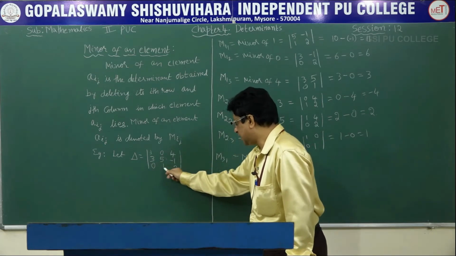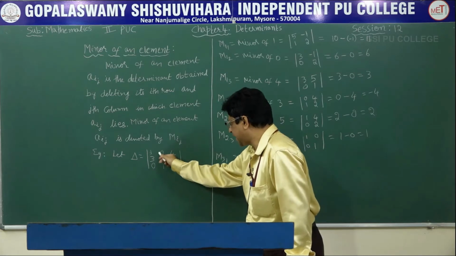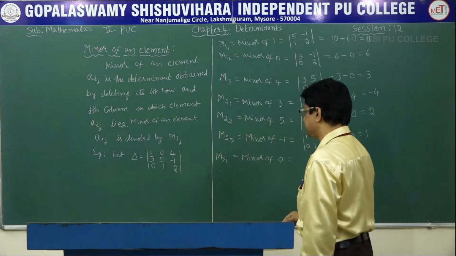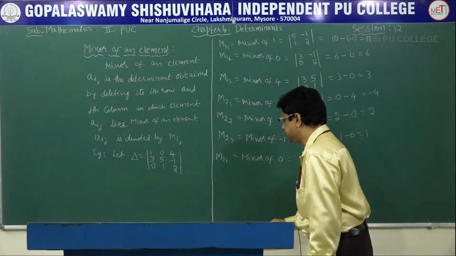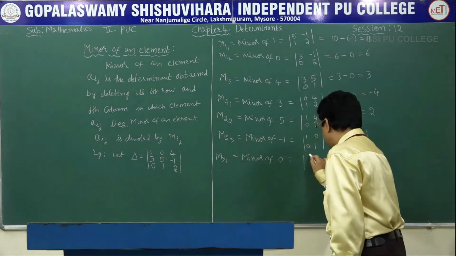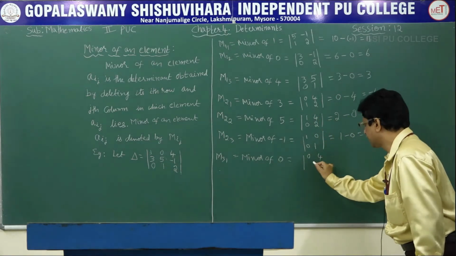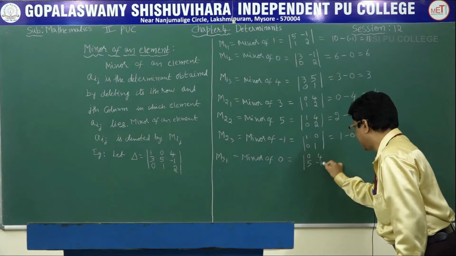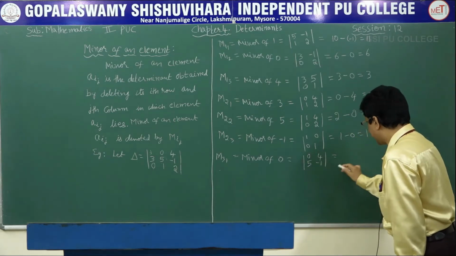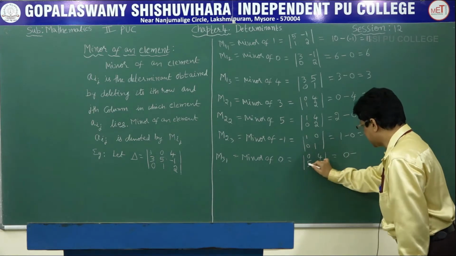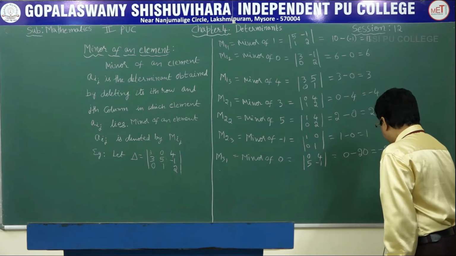We eliminate the third row and first column and take the determinant of the remaining elements, that is determinant of 0, 4, 5, minus 1. That will be equal to 0 into minus 1, 0 minus 5 into 4, 20, which will be equal to minus 20.